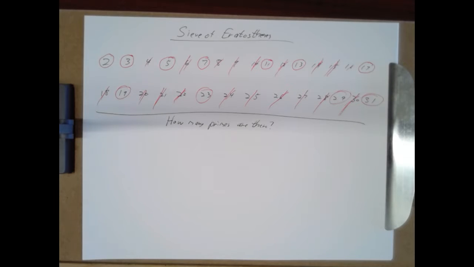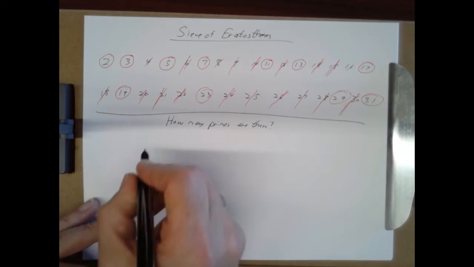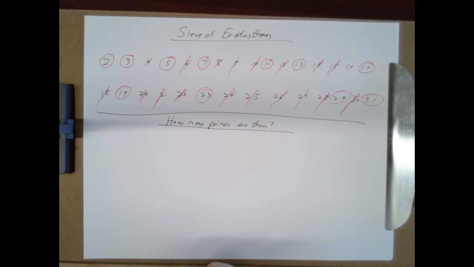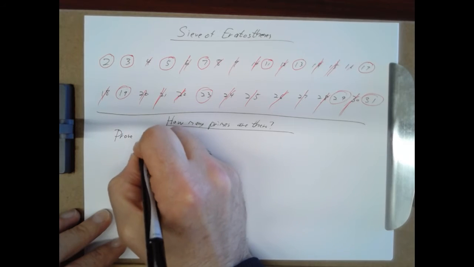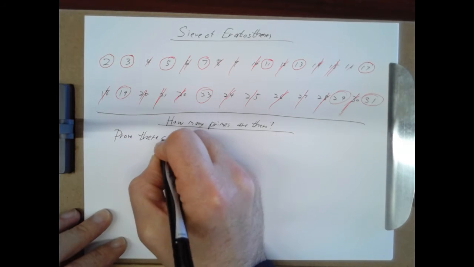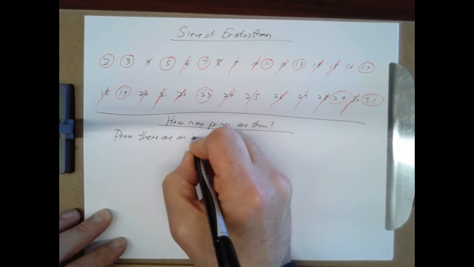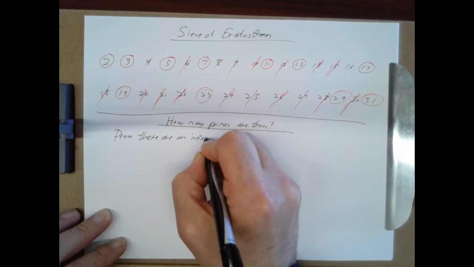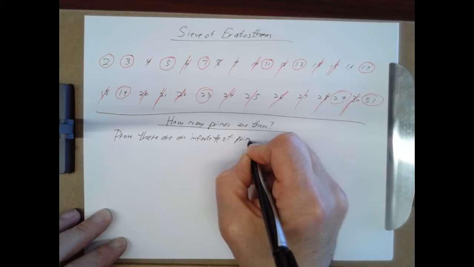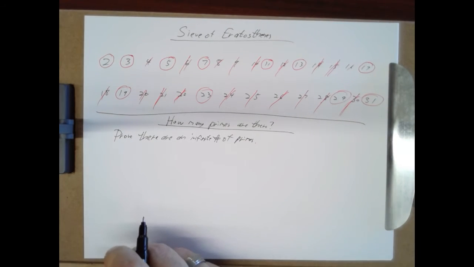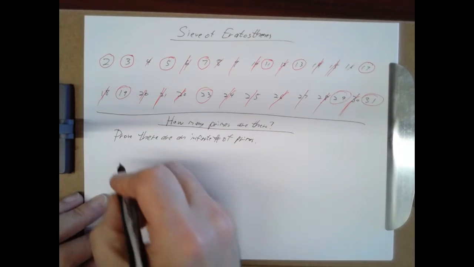And this can be proven, and this proof has been known for thousands of years. We can use a proof by contradiction. So prove there are an infinite number of primes. Okay, proof by contradiction.